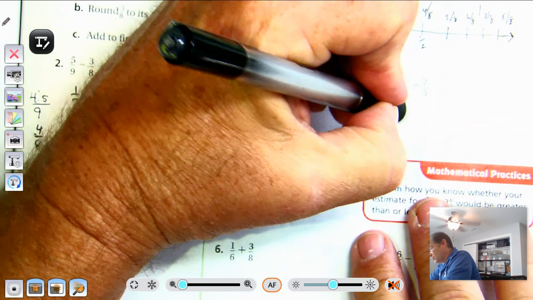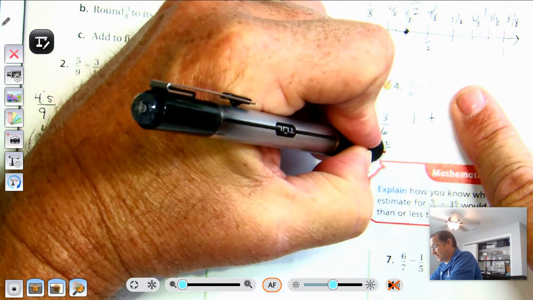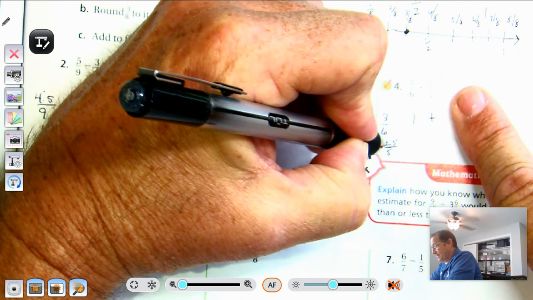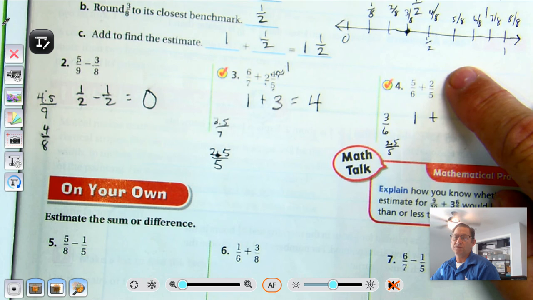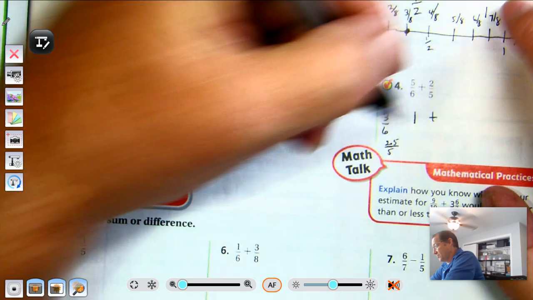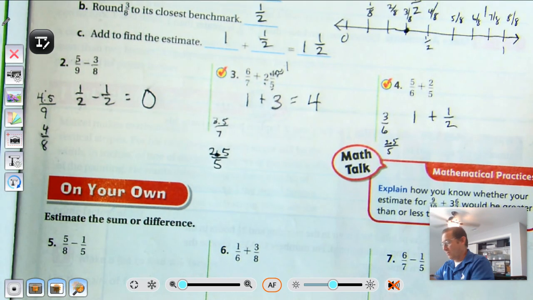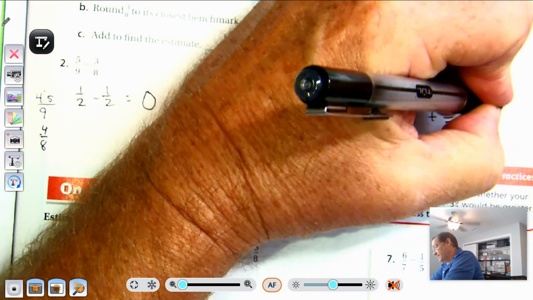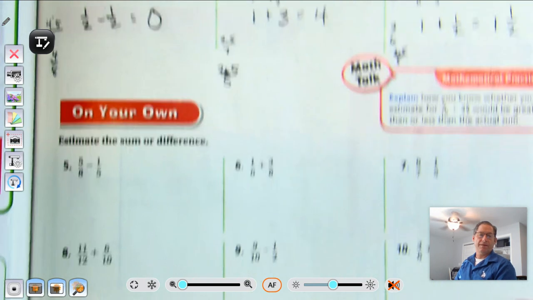So 5/6 is closer to 1. And 2/5, we've actually had this one already today. And we said that 2.5 is really close to 2. So 2 is closer to 2.5 than it is to 0/5. So we'd say 2/5 is close to 1/2. And 1 plus 1/2 is 1.5. All right, number 5.